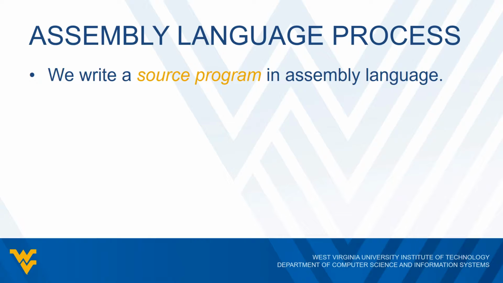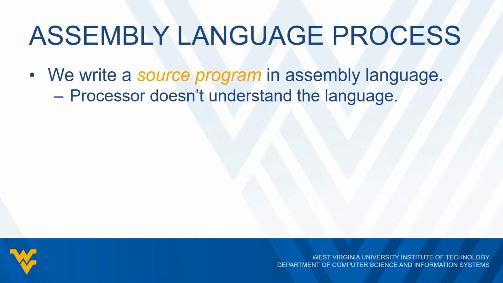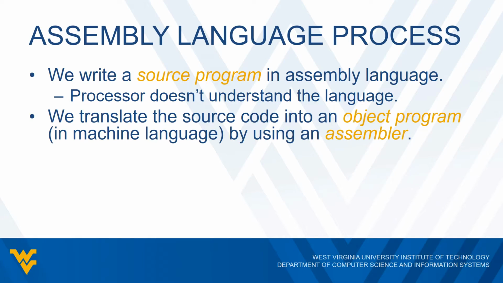It uses the features and services provided by the language. However, the processor does not understand assembly language instructions in the sense of being able to fetch the code and execute them as we can do with machine level instructions. So that means that the source code has to be translated into a corresponding machine language program.